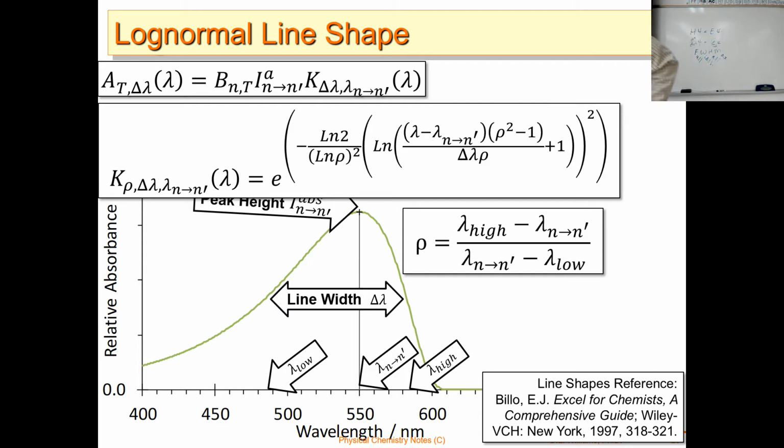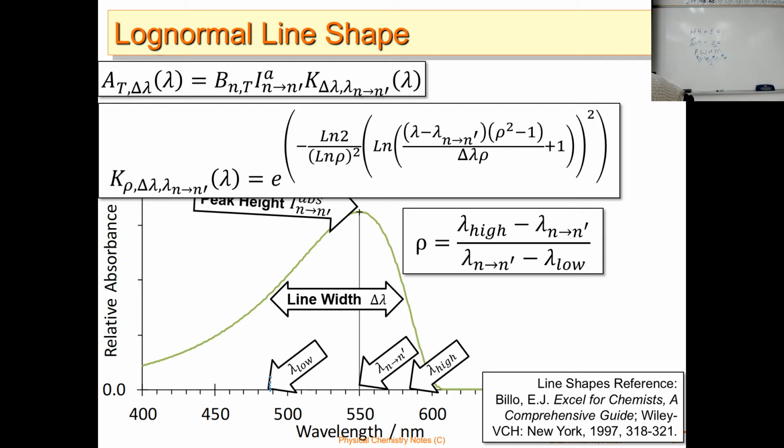And so this has this asymmetry parameter right here, this rho, Greek character rho. It's present in this formula in several places, but this is the asymmetry parameter. And it's the high minus the center wavelength divided by the center wavelength minus low. And so if this is less than 1, then the denominator is big.